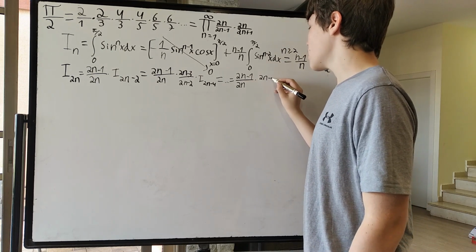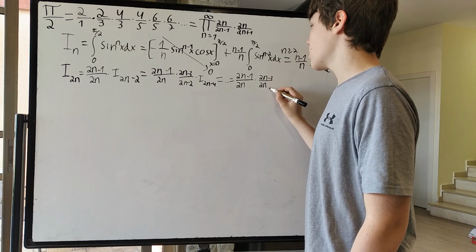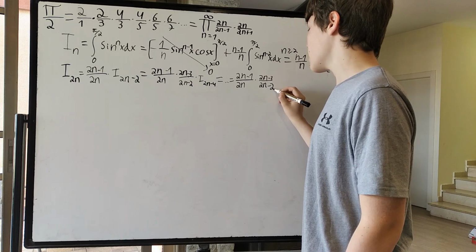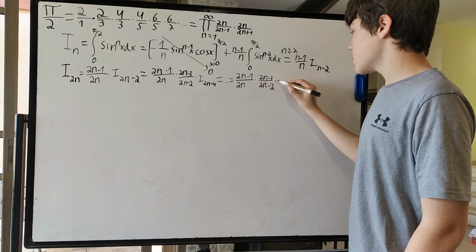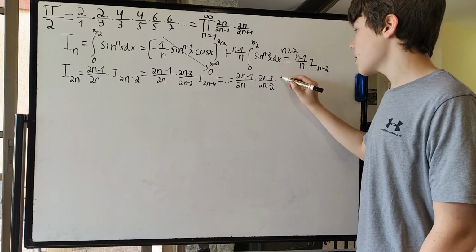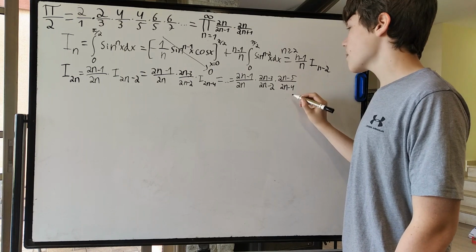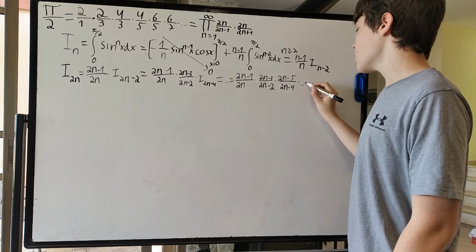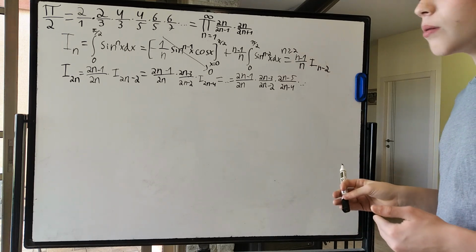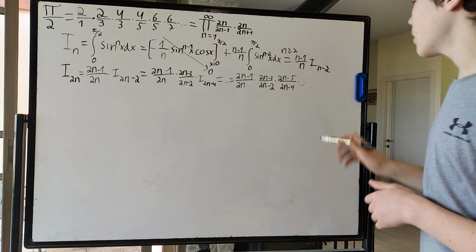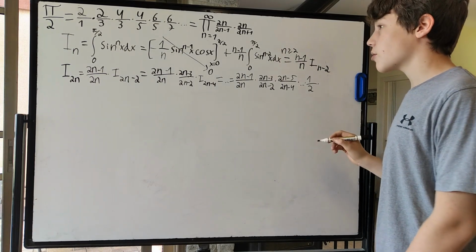2n times 2n minus 3 over 2n minus 2 times 2n minus 5 over 2n minus 4, and all the way on to, at the end, we'll turn I_2 to I_0, and we'll have ourselves times 1 over 2 at the end times I_0.